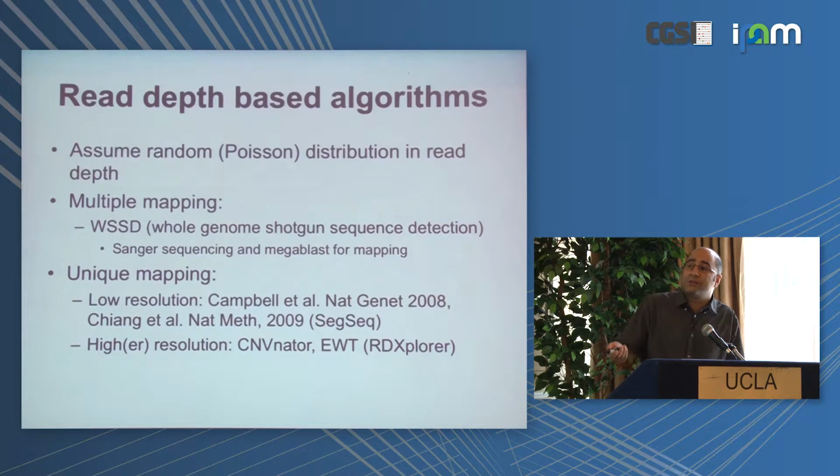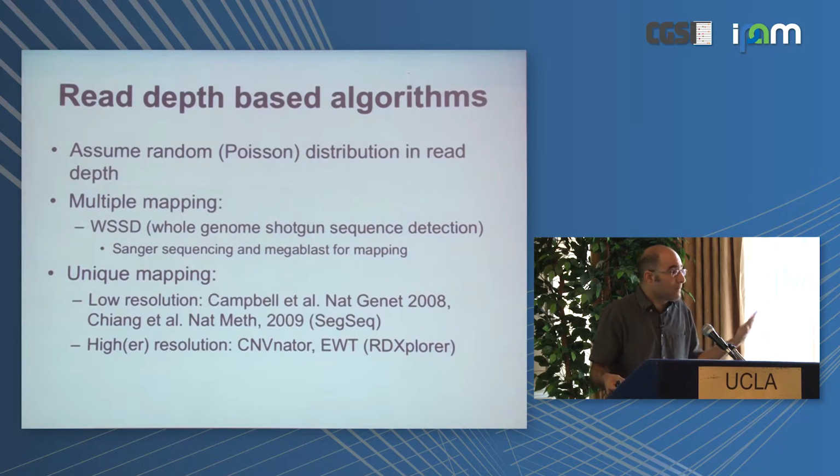One of them was called WSSD, and it used Sanger sequencing and Megablast for mapping. So you can see how old the first methods for calling copy number variation were. There are now new methods developed for NGS, which, for instance, have higher resolution, like CNVnator and a few other tools.